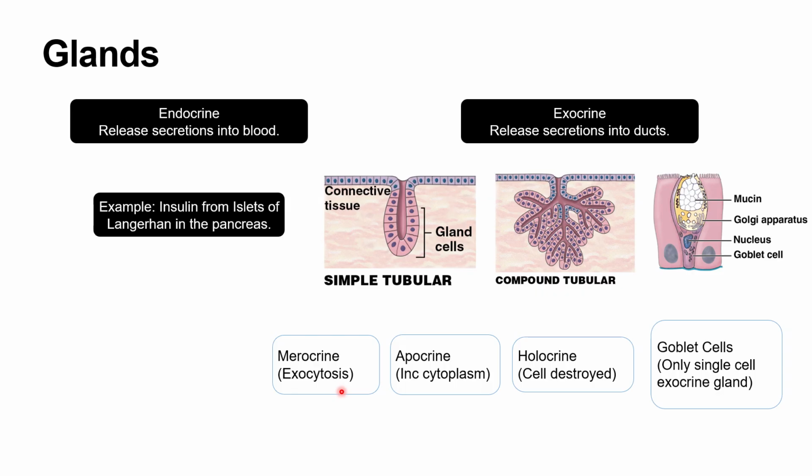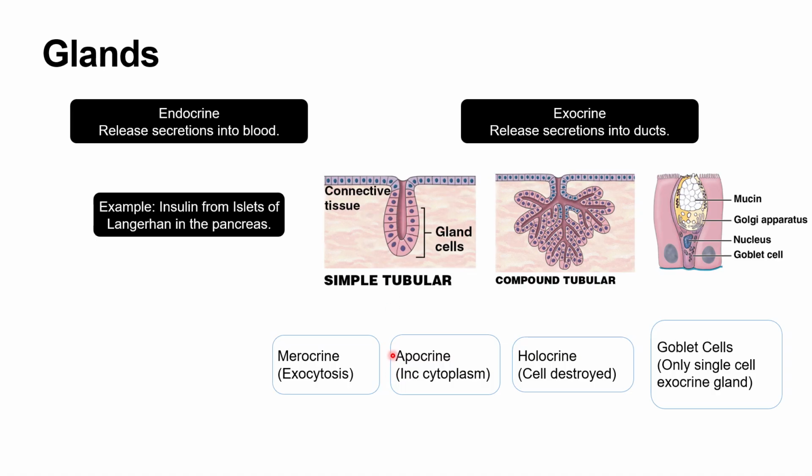So this means that these merocrine glands are simply going to allow the products to move out of the cells through exocytosis, going back to our previous unit.